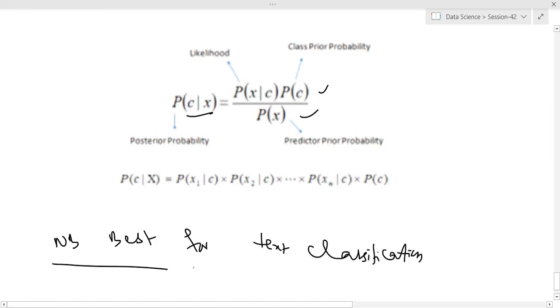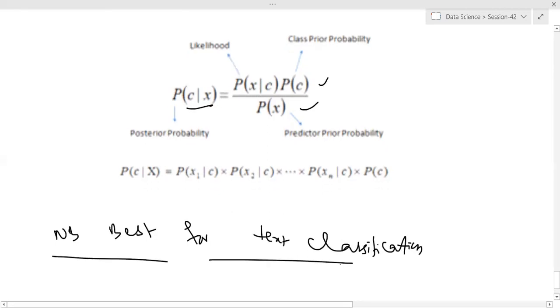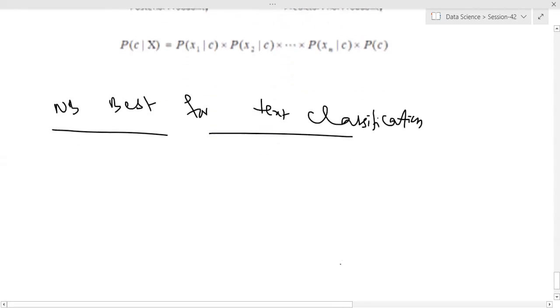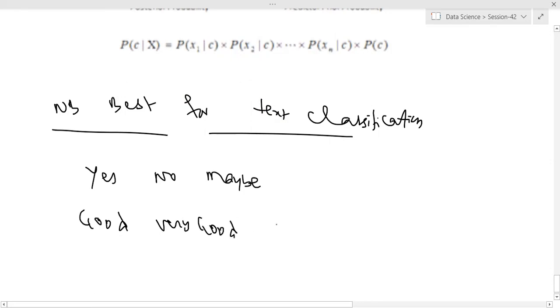Because suppose I'm working with sentiment analysis, in that case the text is giving yes, no, maybe, or else good, very good, super, excellent, like that.